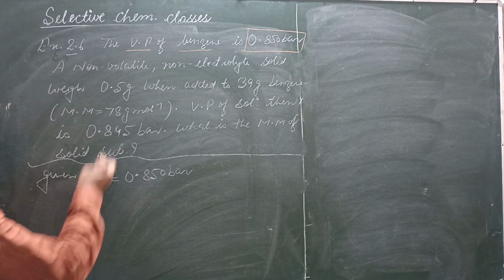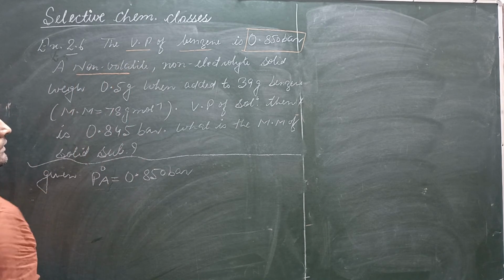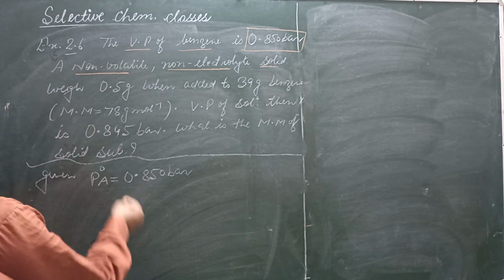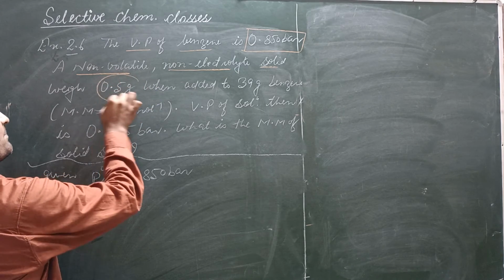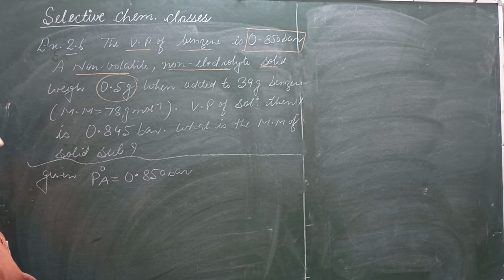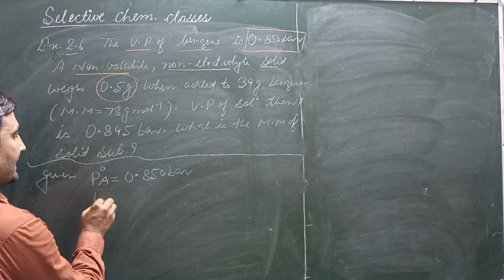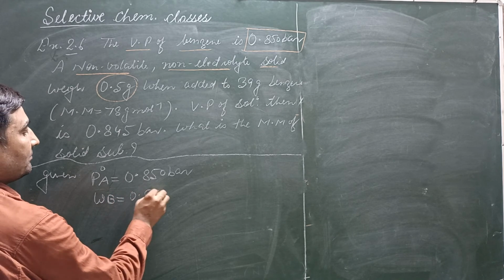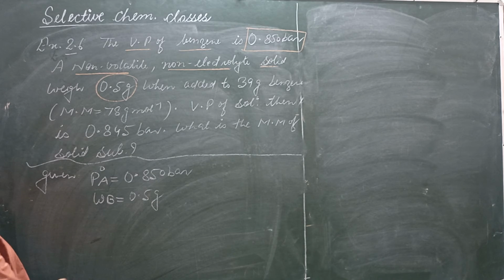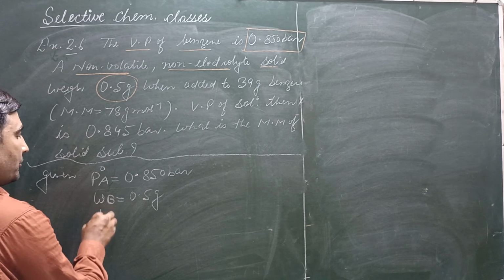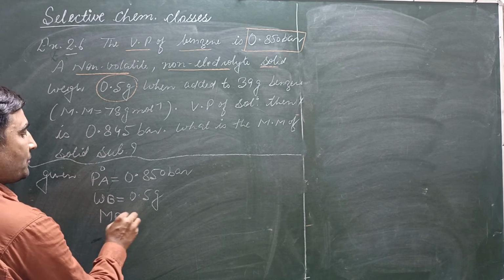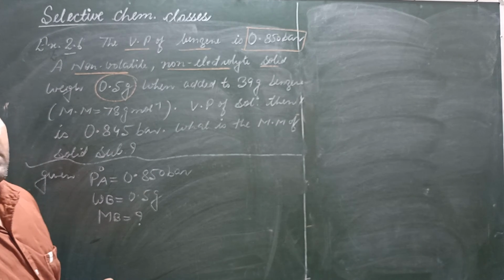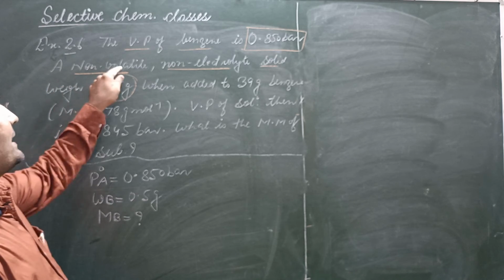A non-volatile, non-electrolyte solid means a solute has been added and its mass is given as 0.5 gram. The quantity WB is given as 0.5 gram. It is not shown which type of non-volatile solute it is.